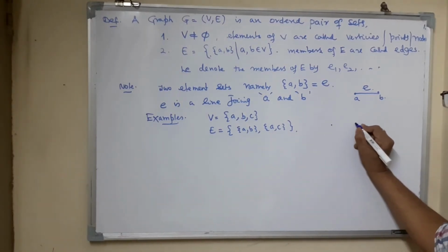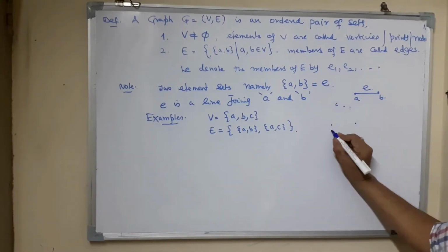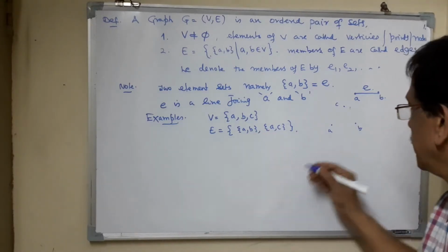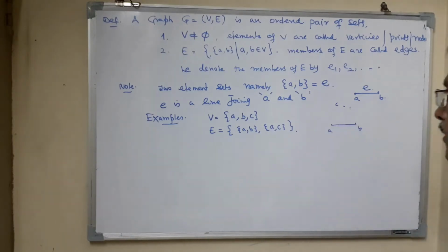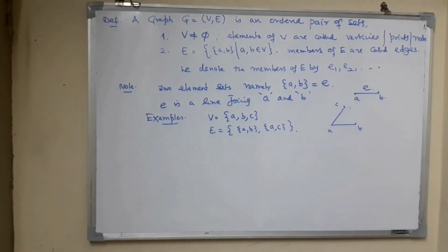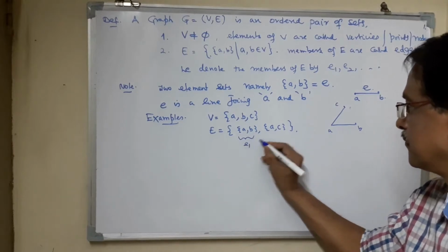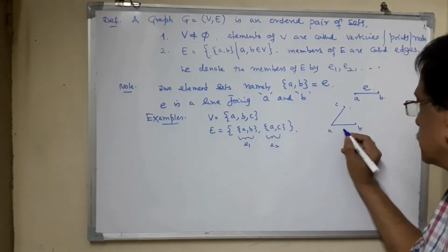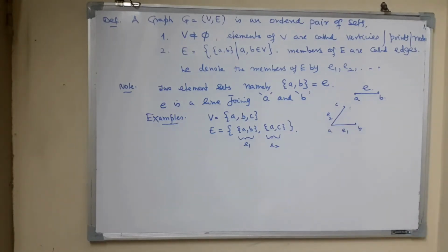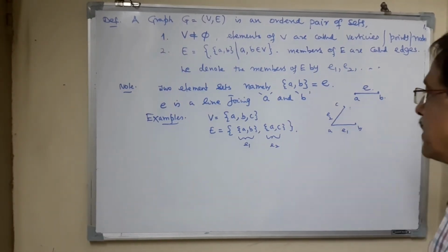Write down A, B and C. This is C, this is A, this is B. What is AB? It is a line joining A and B. What is AC? It is a line joining A and C. So there are two edges. I can call this e1, this e2. Observe that B and C have no edge. It was not connected by any line.